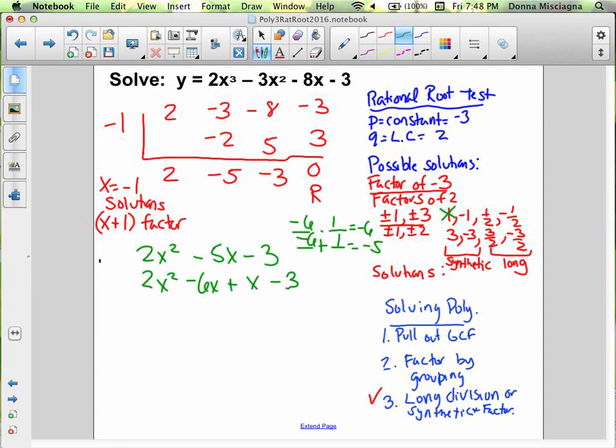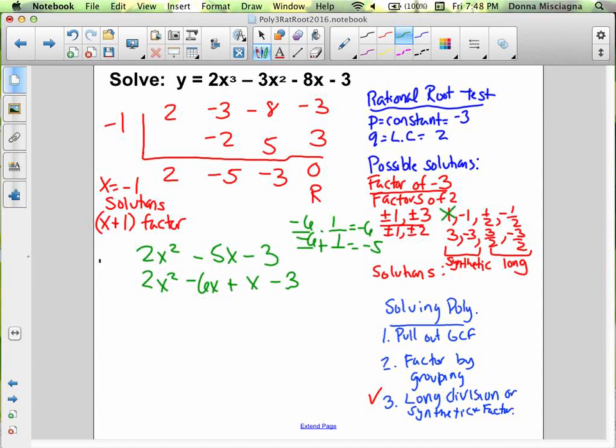So notice the -5x has been rewritten into -6x and x, because if we knew what the factors were, which we will in a moment, and we multiplied them, these are the 4 terms that we would get. And then we would say, hey, -6 and x, I can combine those.